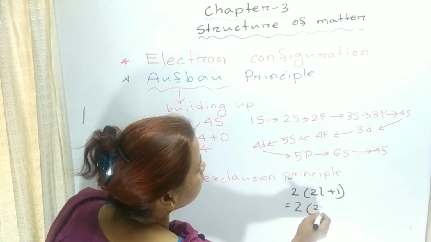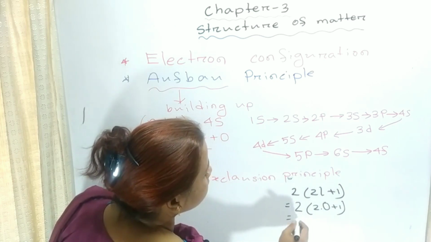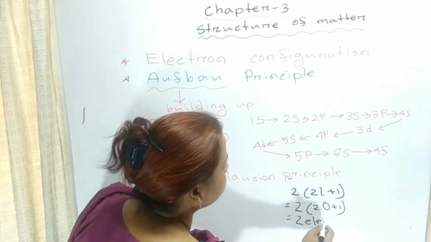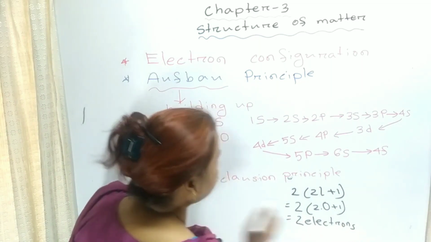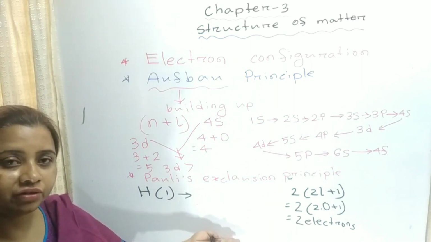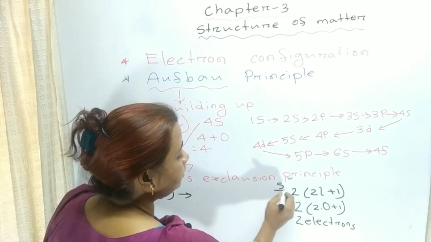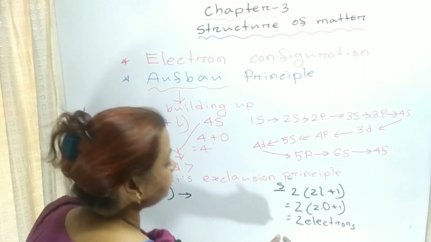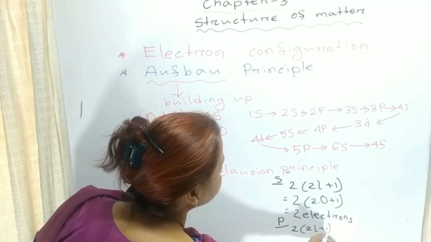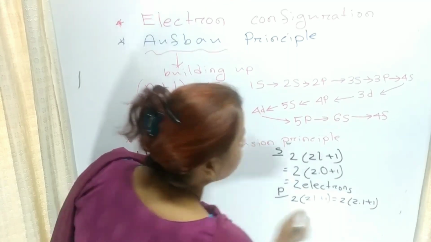Here 2 into, for s orbital, L is equal to 0, plus 1. So in case of s orbital, at most 2 electrons can exist. I am keeping this as a side note, and whenever I do electron configuration, if you have any confusion, just mark this. In s orbital, at most 2 electrons can exist. In p orbital, 2 into twice L plus 1 is equal to 2 into 2 times 1 plus 1. Why 1?